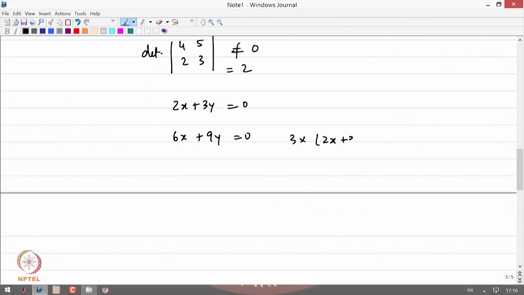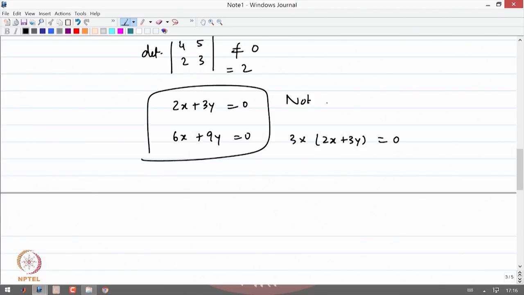Therefore, these equations are not linearly independent, they are linearly dependent. If you write the determinant, 2, 3, 6, 9, it is equal to 0, because one row is a multiple of another row, and such determinants have the value 0.